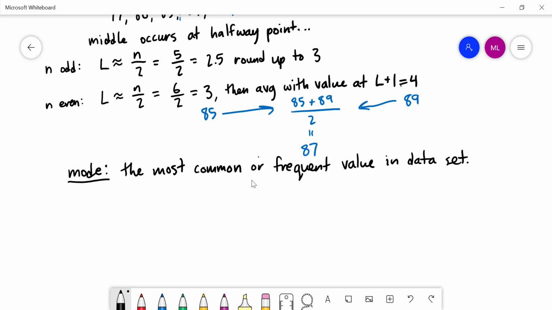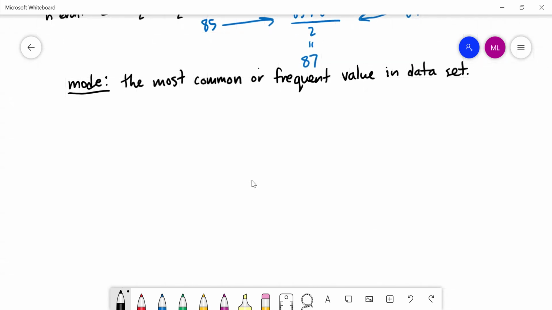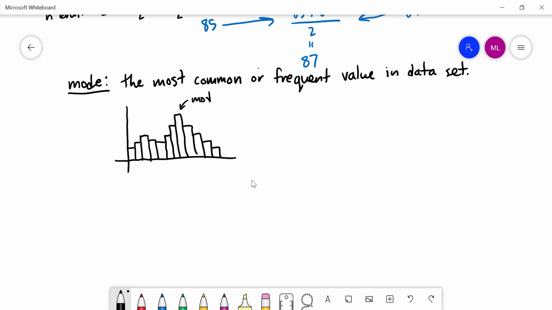So if we have a histogram for our data set and it looks something like this, this is the mode. We already used this terminology before.